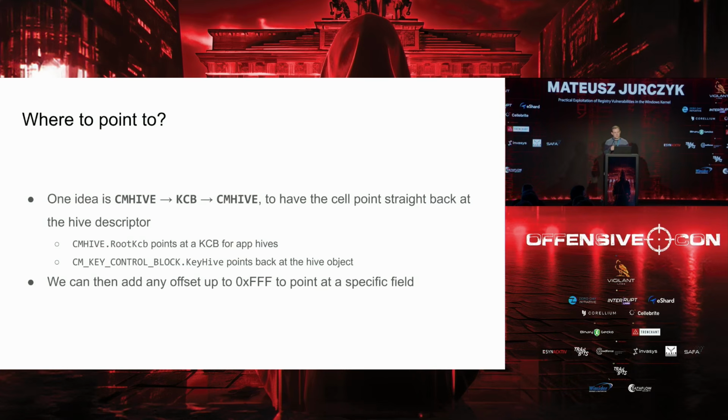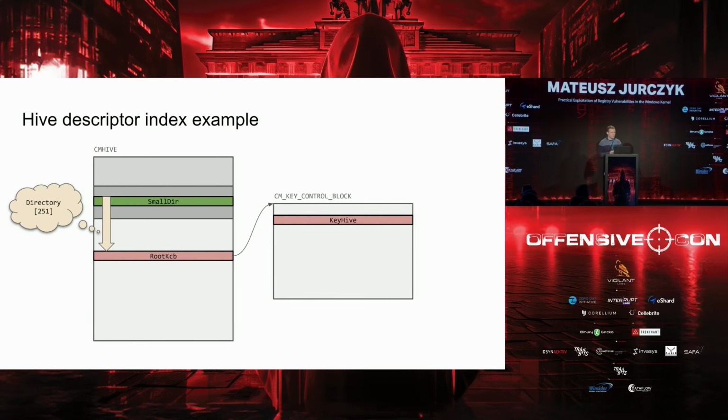So we could do this traversal from CM_HIVE to KCB back to CM_HIVE and have the cell index point basically at the beginning or somewhere inside of the CM_HIVE structure in the kernel pool. And then we could, of course, add any offset up to 1000 to have the pointers point to a specific field in the structure. So here's a small visualization of that.